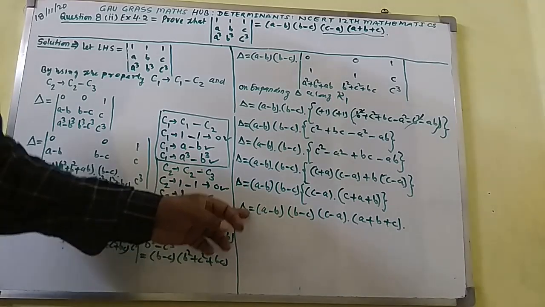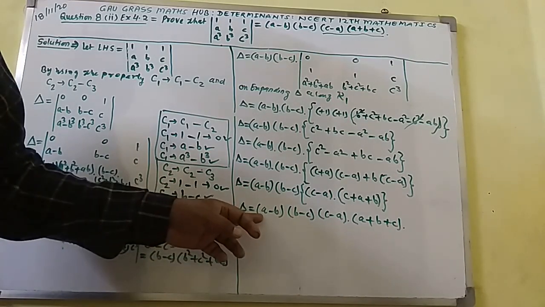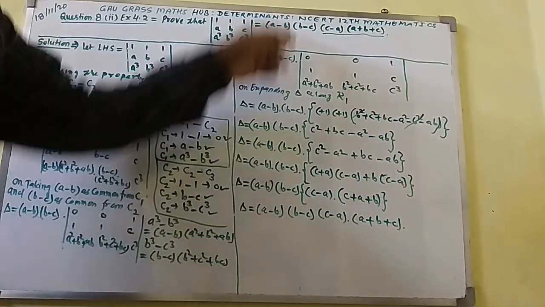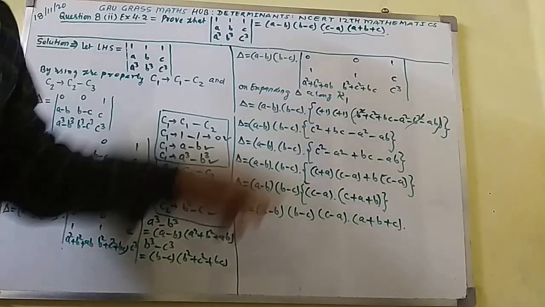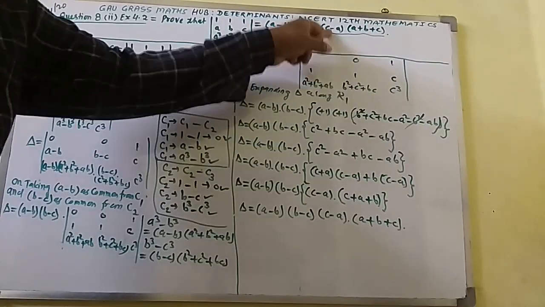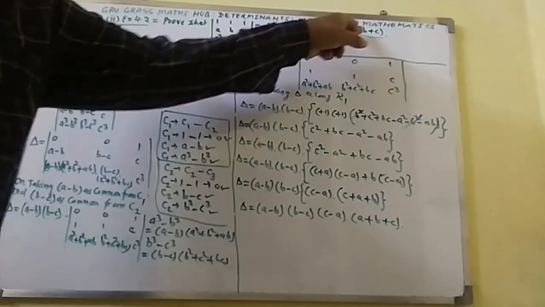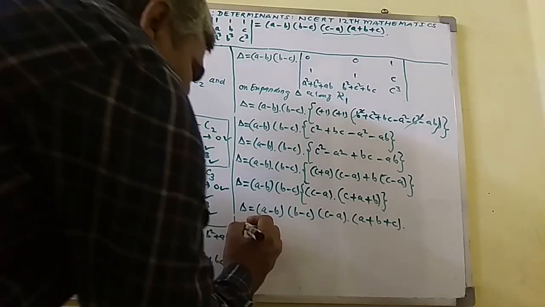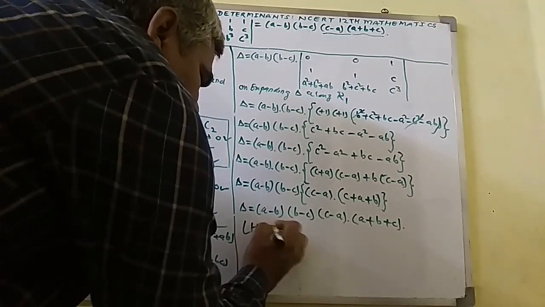Just compare this with the RHS here. A minus b, b minus c, c minus a, a plus b plus c. So here I have proved LHS equal to RHS.